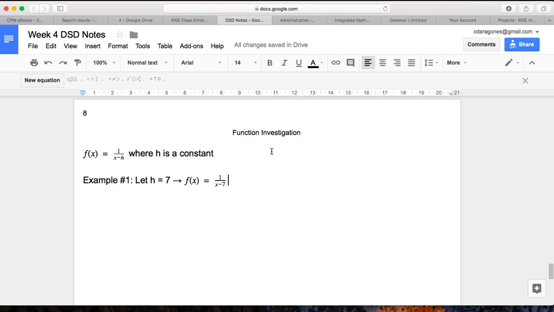All right, so a couple of things. I want you to notice that your function is 1 divided by x minus 7. So this fraction means divided by. So really you're saying you're going to take 1 divided by x minus 7, whatever x is. So we're going to create a table of values for this function.